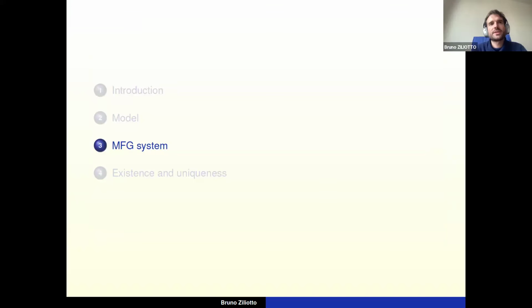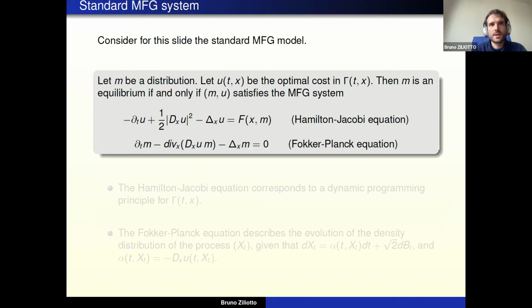Okay, so let me derive the MFG system. Let me just recall how it works in the standard case where there is no unknown state.